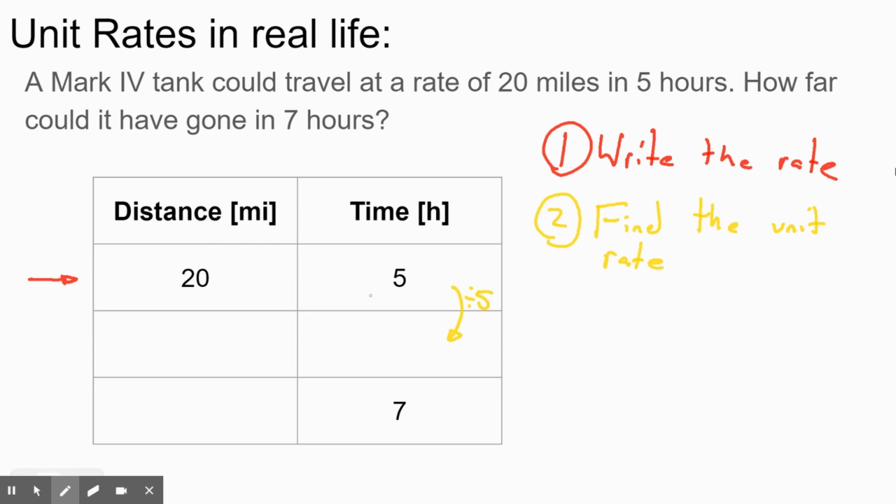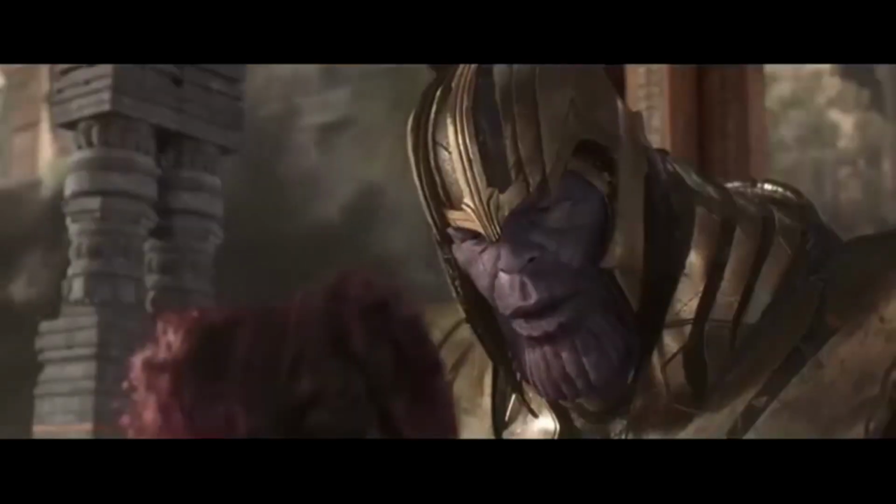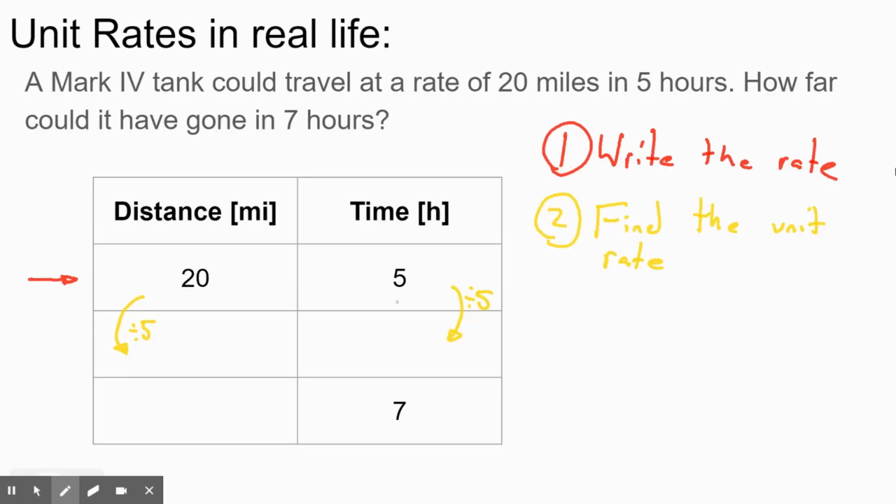Remember, we always want to divide our rate by the number that is our second value here. If we do that, we also have to do that to our first value. We have to do the exact same thing to both sides. That way we can keep things perfectly balanced, as all things should be. And if we do that, 5 divided by 5 is 1. 20 divided by 5 is 4. That's step 2.